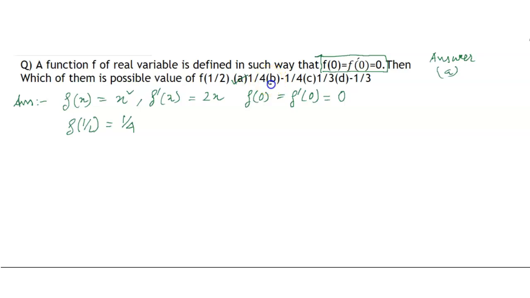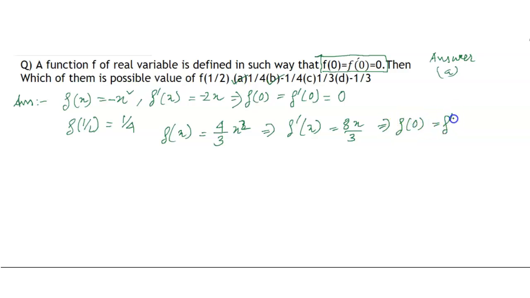Number B is also correct, because if I take f(x) equal to minus x square, then this also holds, so f(0) equals f'(0). And now if I take f(x) as 4 by 3 x square, then I get f'(x) as 8 by 3 x, and that implies f(0) equals f'(0) and f(1/2) equals 1 by 3.